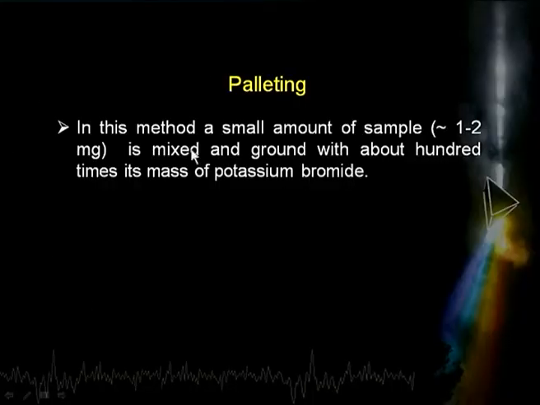The second technique, called pelleting, essentially uses a solid matrix. In this case we take a small amount of sample, say about 1 to 2 milligram, and mix it with about 100 times its mass of KBr. That means you take a large amount of KBr, about 100 milligram, put the two together, mix it well, and grind it well to make a fine mixture.